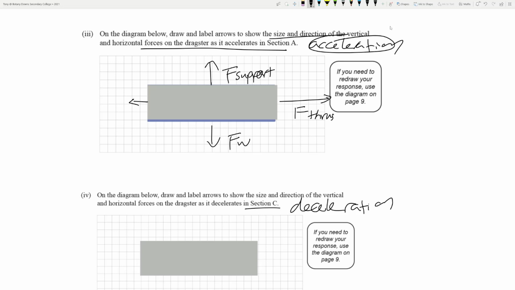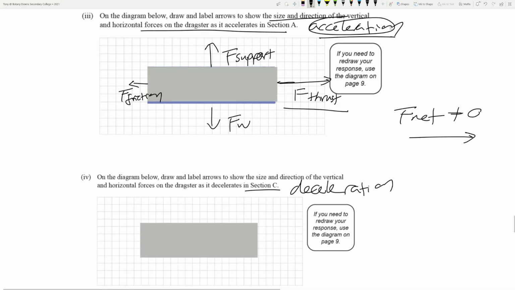So this is the thrust, or you can say engine force, and this is friction. This is the friction force that will slow down the car, but because the thrust is a lot larger, like the size of the arrow is a lot bigger, therefore it's going to accelerate. So the net force is not going to equal 0, it's going to go this way.